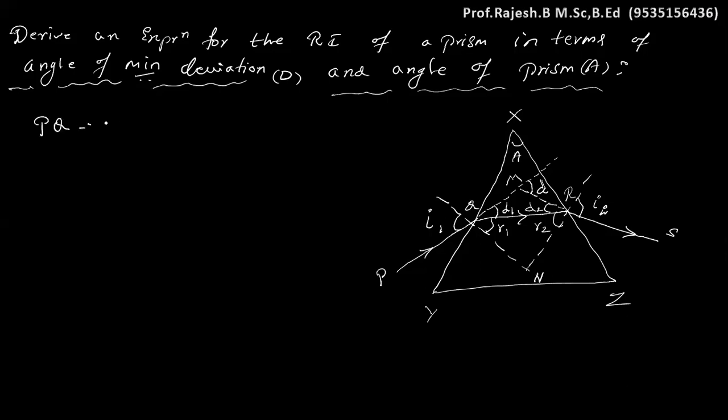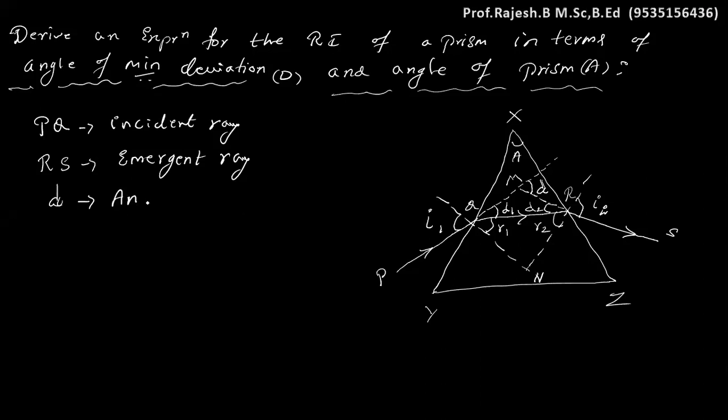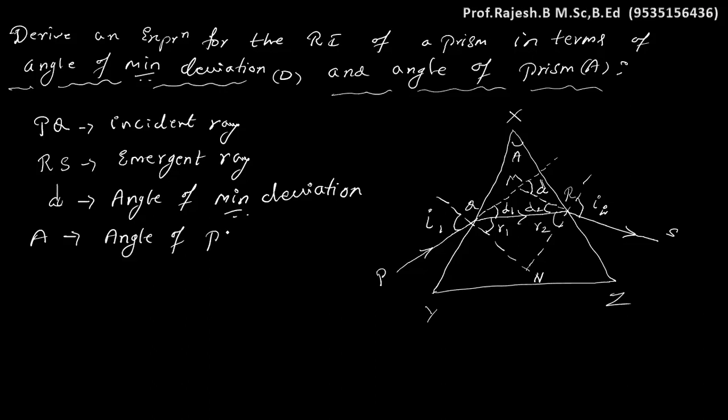We have PQ, the incident ray, RS is the emergent ray, small d is the angle of minimum deviation, and A is the angle of prism.